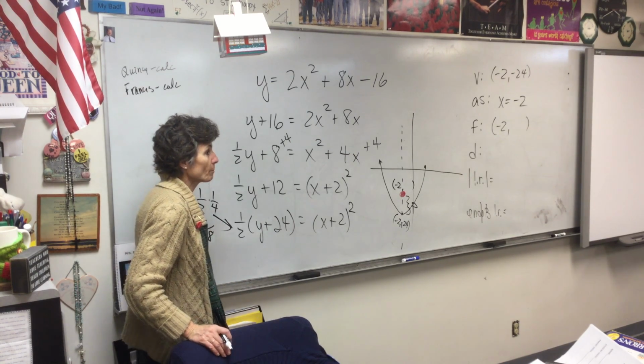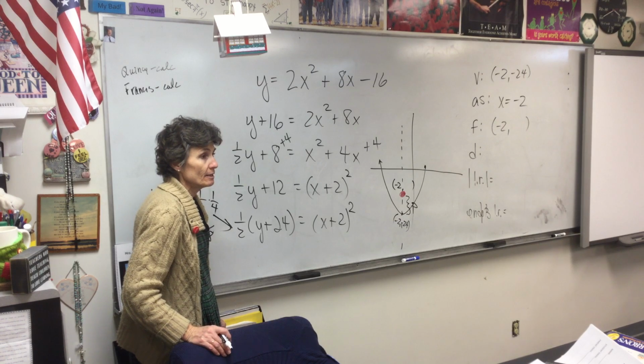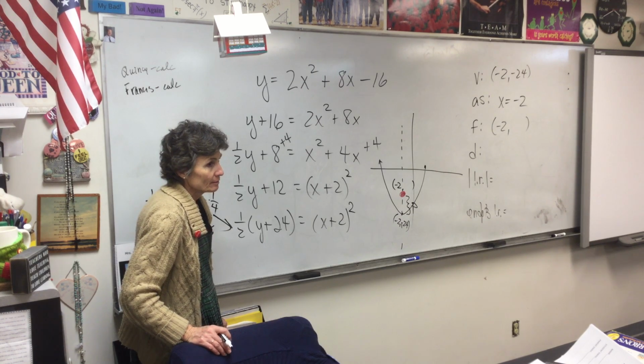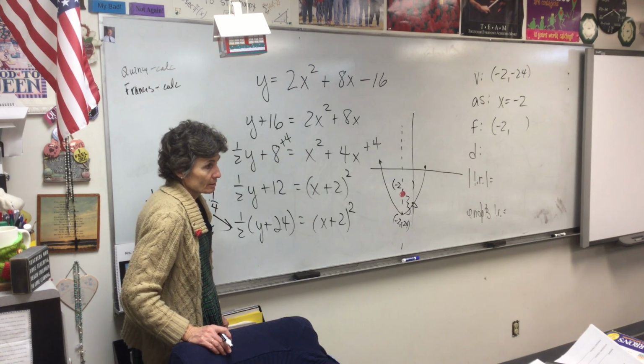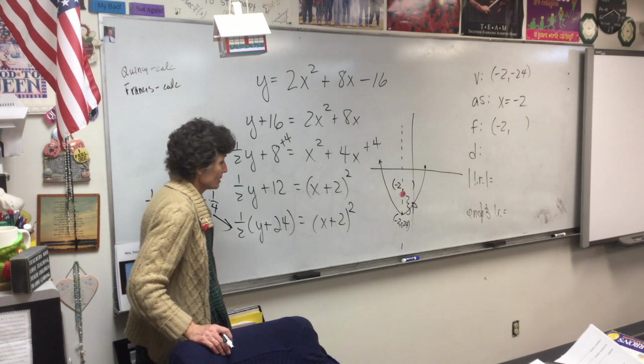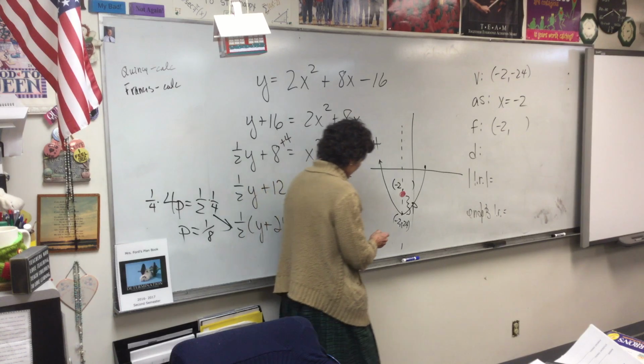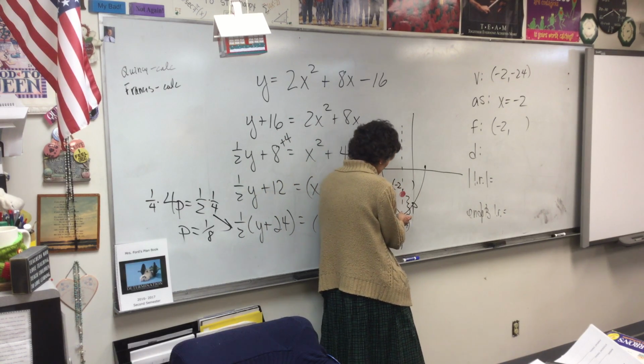Kids, if 4p is a half, p can't be 2. P can't be bigger than 4p. P is 1/8. So I'm going to start right here, and I'm going to go up 1/8.